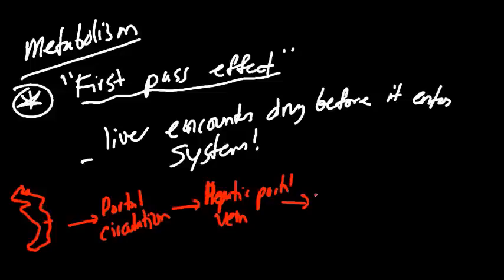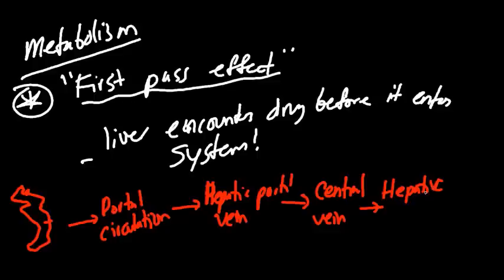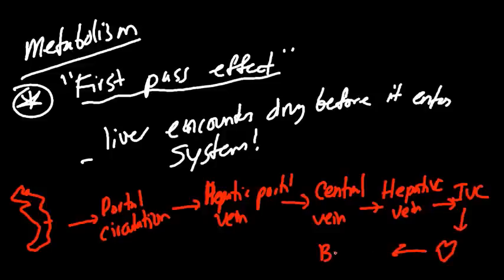It'll talk about the zones and the hepatic portal vein. We go from the portal circulation to the hepatic portal vein to the central vein. And from that central vein, we leave via the hepatic vein, which will eventually drain into the inferior vena cava. That goes to the heart, and from the heart you go to your body.